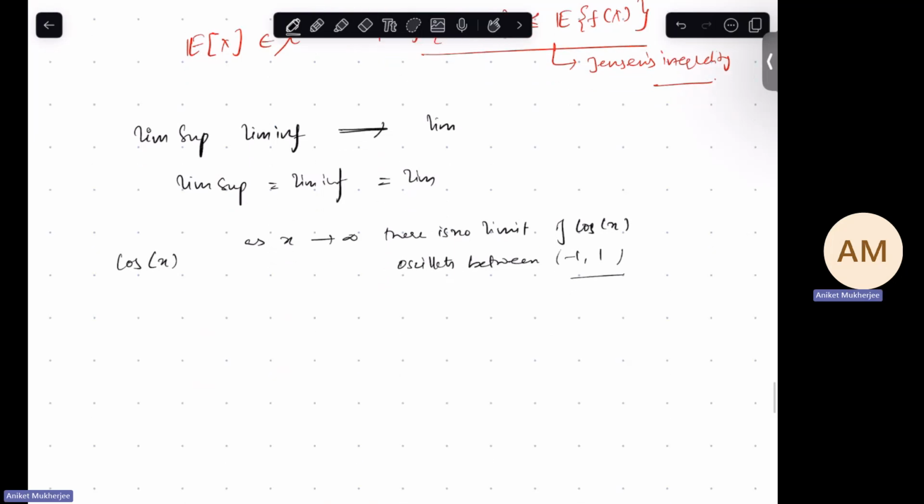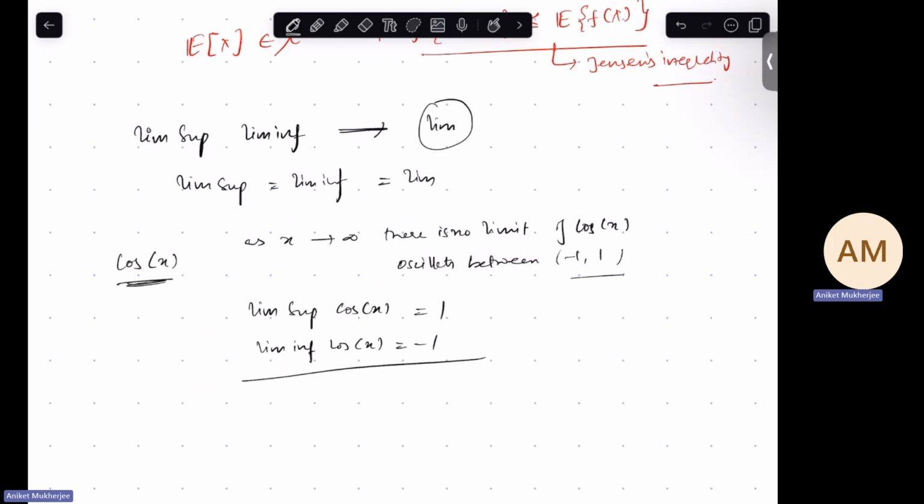So what you have is the lim sup of cos x is basically 1 and lim inf of cos x equals -1. So if you encounter some functions where the limit does not exist, we'll shift to lim sup and lim inf.